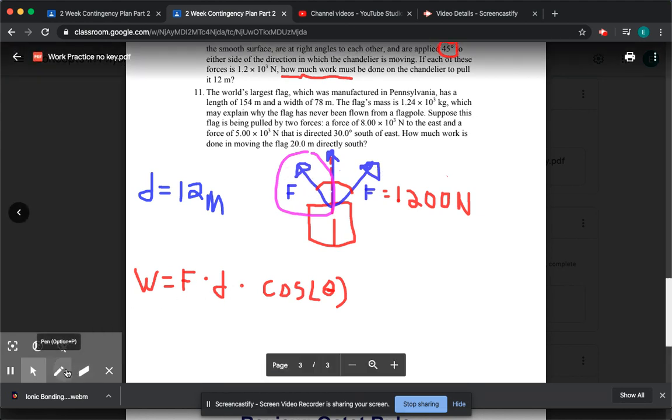So all we need to do is simply double whatever we get. Okay, so since we have two forces in the same direction, your final answer is actually going to be F times D times the cosine of this angle times 2, since we have two forces that are exactly the same.